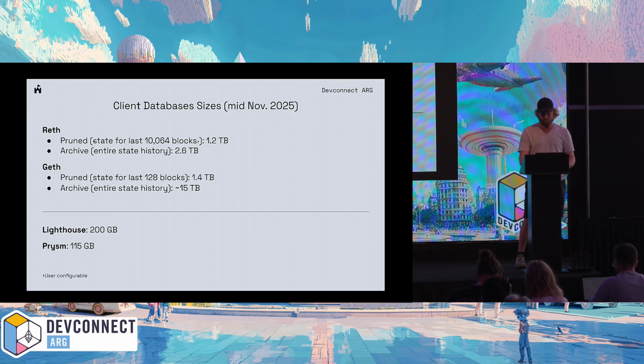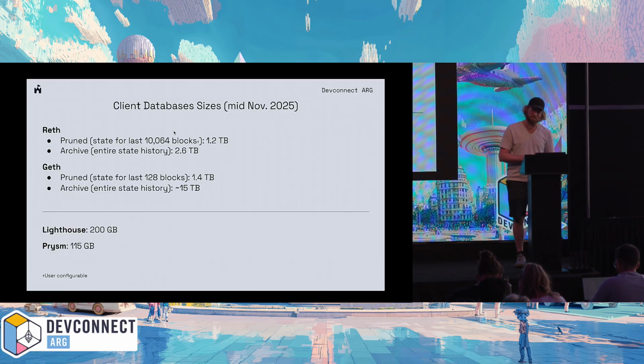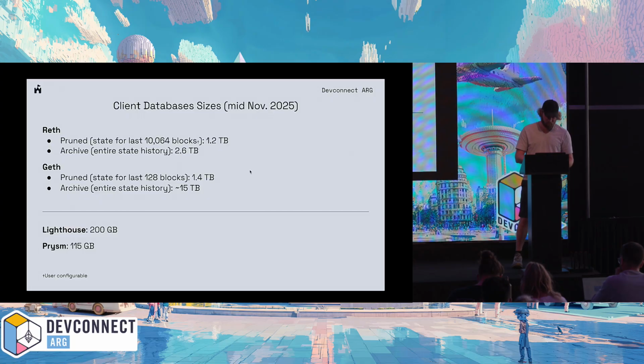On Reth, that pruned sync point is user defined, so you can change that if you'd like. On the Geth side, a prune sync is going to cost you 1.4 terabytes, and on Geth, the state is more limited. It's available for the last 128 blocks.